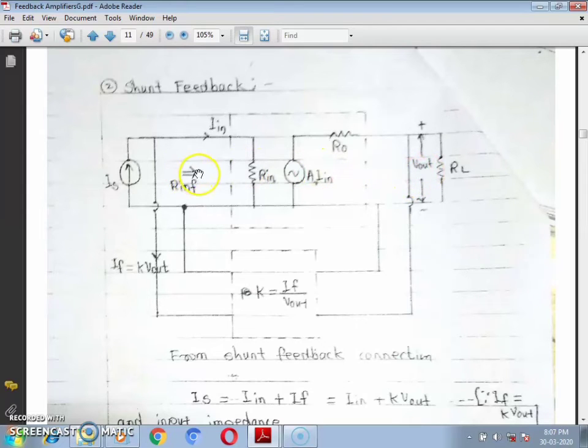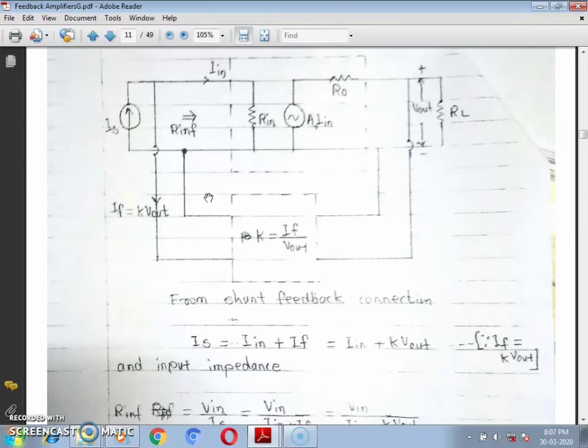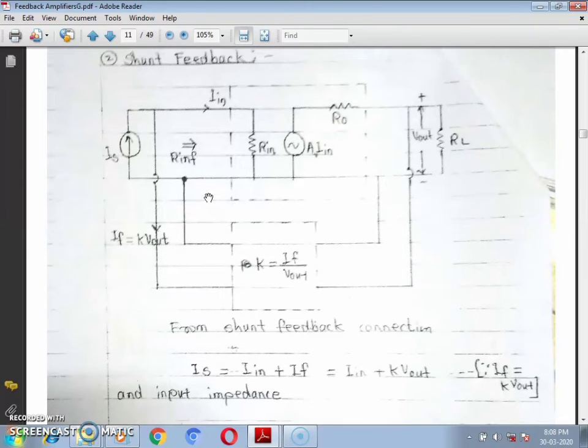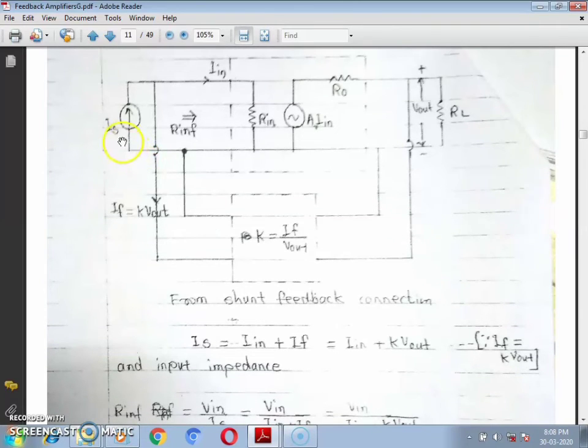We are interested in the input impedance, so we will consider the input impedance with feedback, which we label as Rin F. For this investigation we want to find out the input impedance for a shunt feedback network. From the feedback network connection, it is seen that the source current is distributed into two parts.